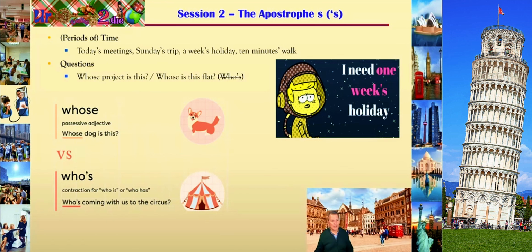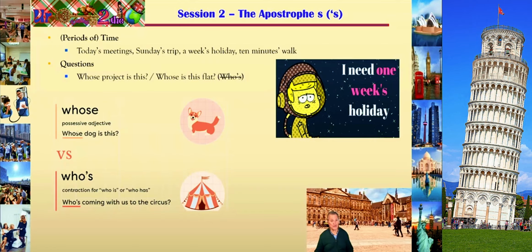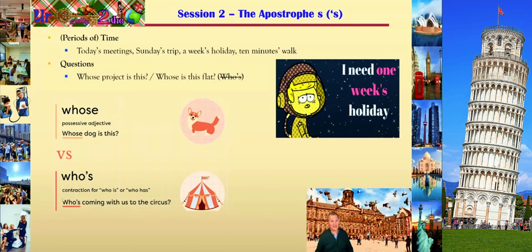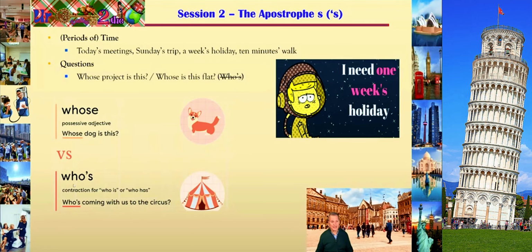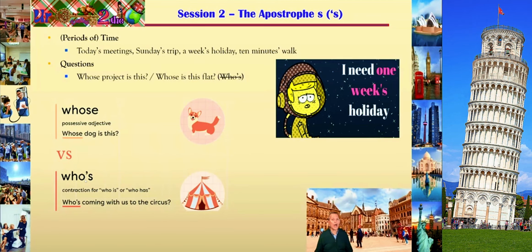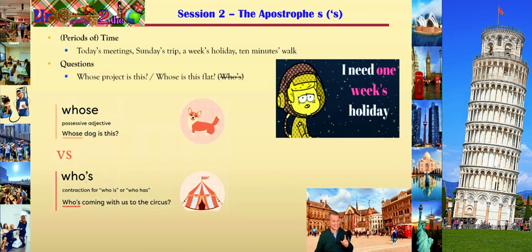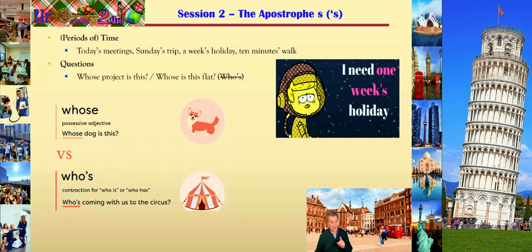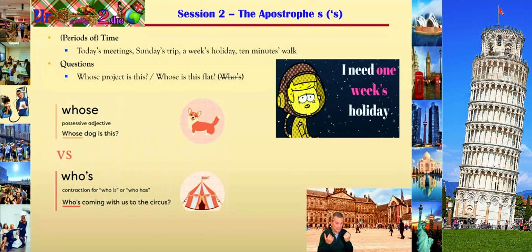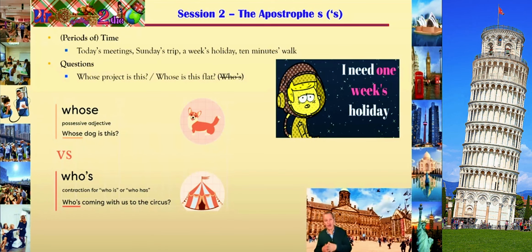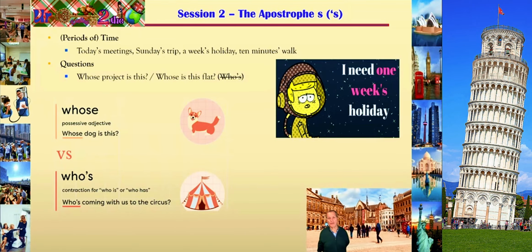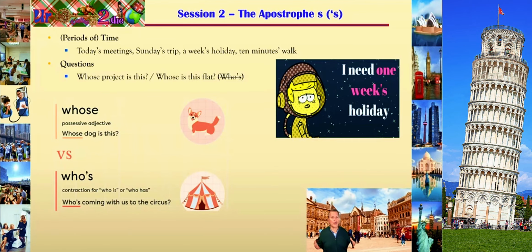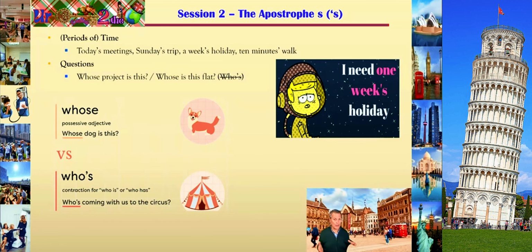All right. Some more examples with whose dog is this? Be careful, because if you say who's with apostrophe S here, in fact, you are asking who is. That's the verb to be, right? So be careful, because it sounds the same. You can say whose and you can say who's, and it sounds the same. And of course, you may say, all right, how can we know the difference between one or the other one?